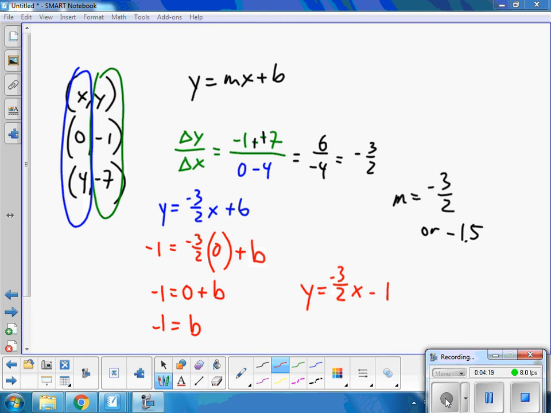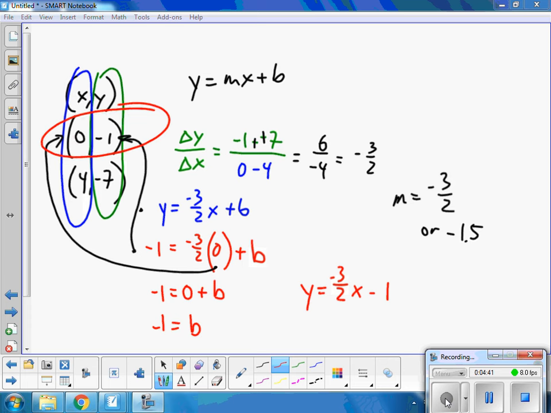And then when I ended up substituting in here to my y equals -3/2 x plus b, I plugged in a y, which was -1 from here, and I plugged in a 0 from here, and I found that my b equaled -1, so my y-intercept was -1. I could have recognized that from way back here, that when x is 0, y is -1. It's possible that I could have recognized earlier that is my y-intercept, and you could have done that.